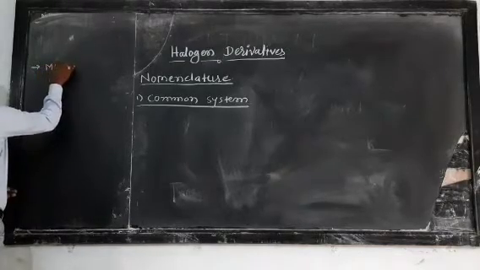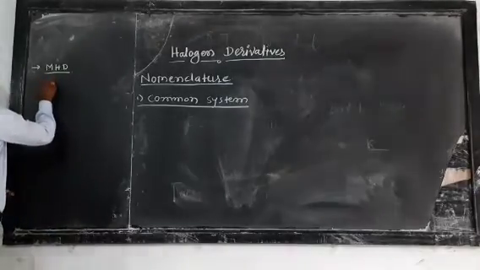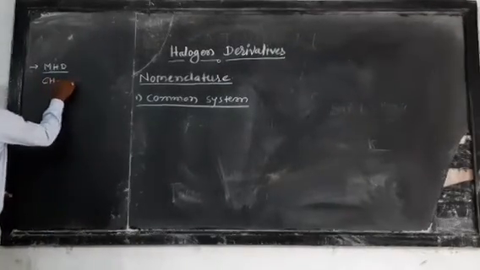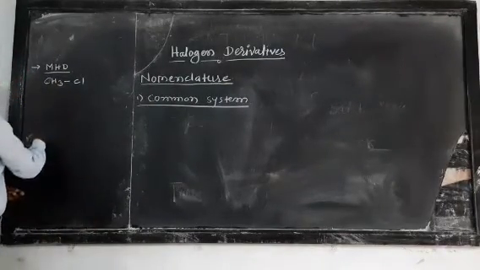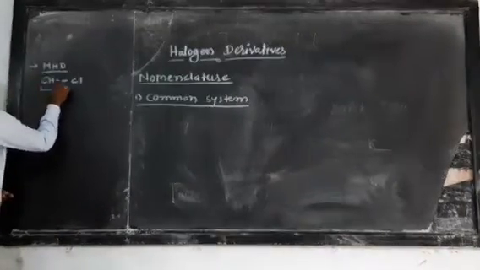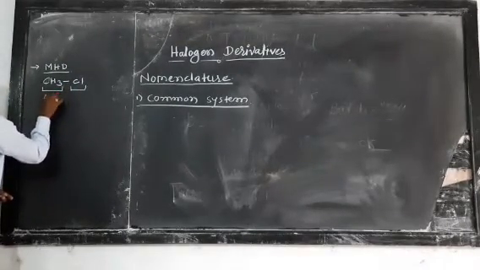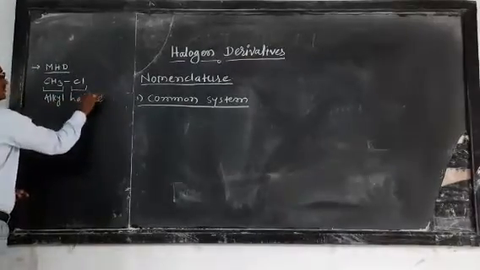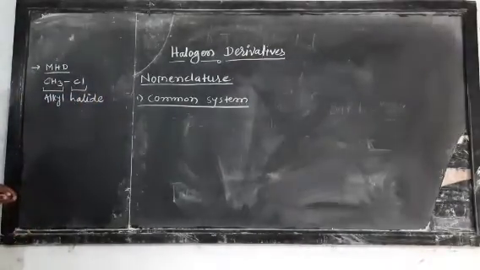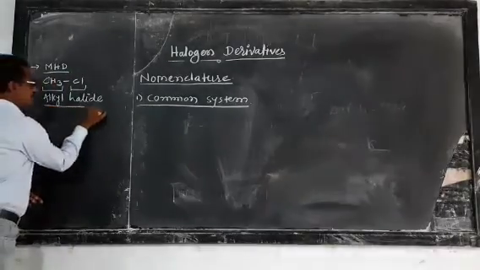Here I am writing an example of monohalogen derivatives, that is CH3Cl. It is a very easy example. In this example, this group is the alkyl group and this is the halide group. So, monohalogen derivatives are also called alkyl halide.